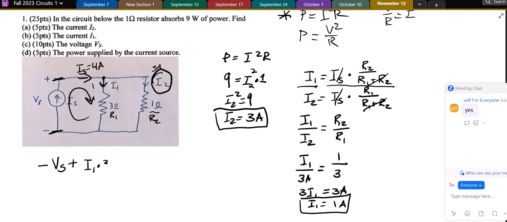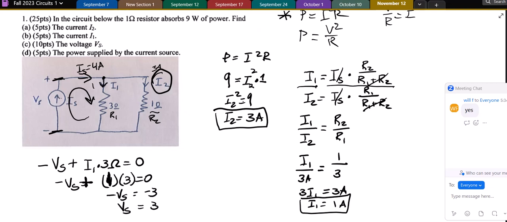I1 times 3 ohms has to equal 0, so minus Vs plus, and then I1 was 4 times 3 equals 0, minus Vs, wait, I1 wasn't 4, I1 was 1, sorry, I1 is 1. Minus Vs equals minus 3, or Vs equals 3 volts.